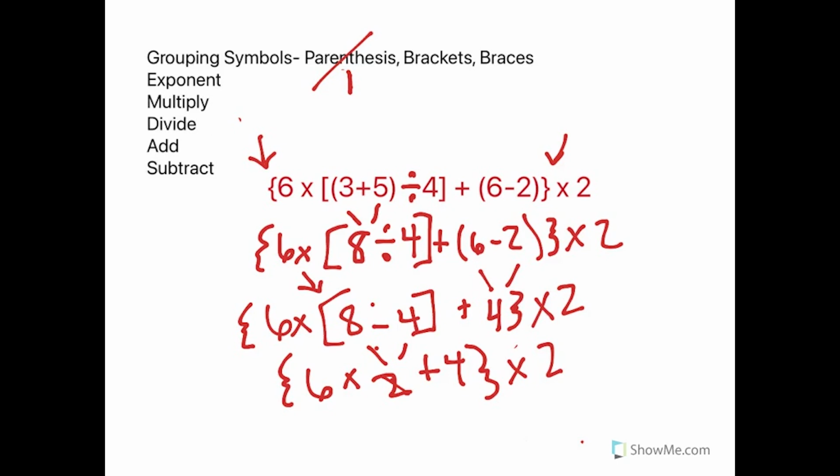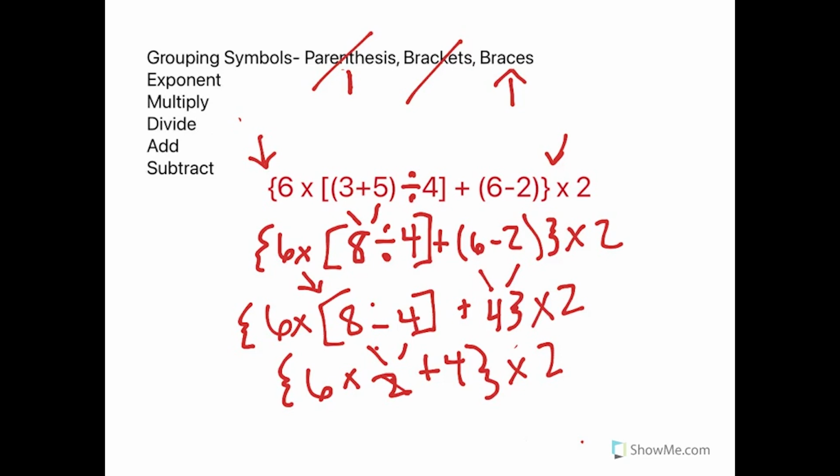Okay, and now we did the brackets. Now we're going to do these guys, the braces. So the braces is the third step in parentheses, brackets, braces. So within the braces, though, if you look at that, remember we have to follow order of operations.